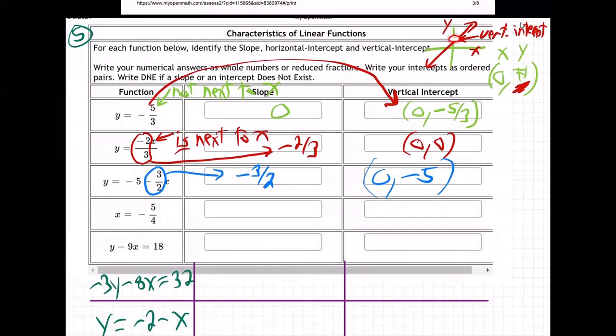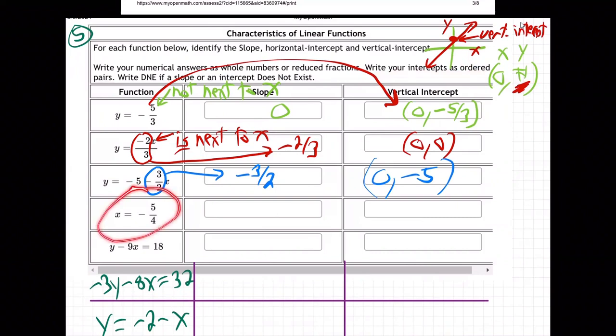Over 0, up y, isn't it? So on a graph, a vertical intercept point is over 0, up y. It says it right here: write your intercepts as ordered pairs. Okay, good so far?